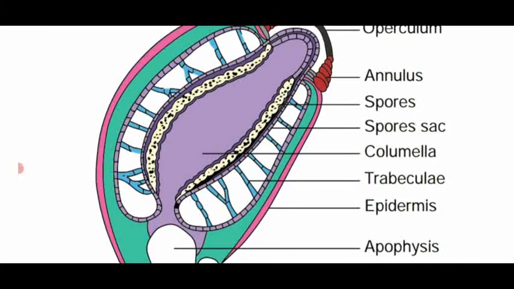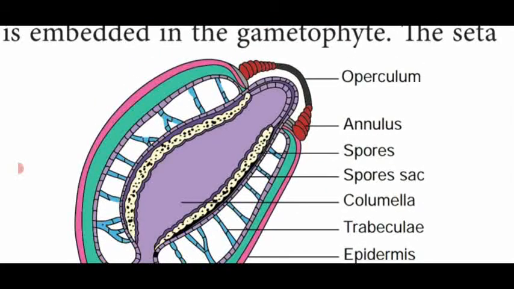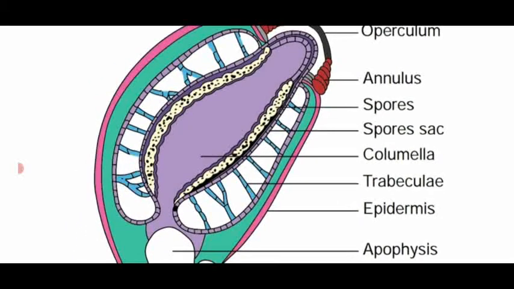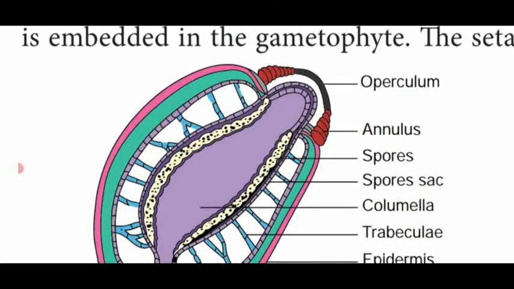Then the middle part of the capsule is known as the theca proper, which is surrounded by a layer and encloses the middle part of the capsule.